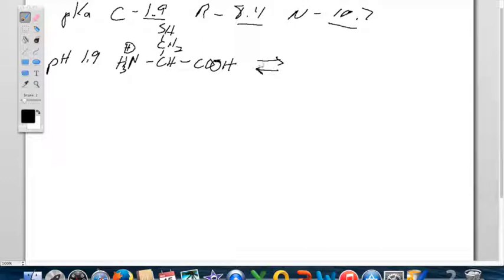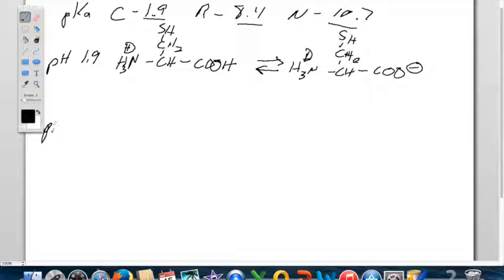And so at a pH of 1.9, we're going to have an equilibrium between these two protonation states. It's a little messy, sorry, but at a pH of 1.9, half of the cysteine molecules will have their carboxyl group protonated, half of the molecules in solution will have it deprotonated. All the other functional groups will be fully protonated because the pH is well below their pKa's.